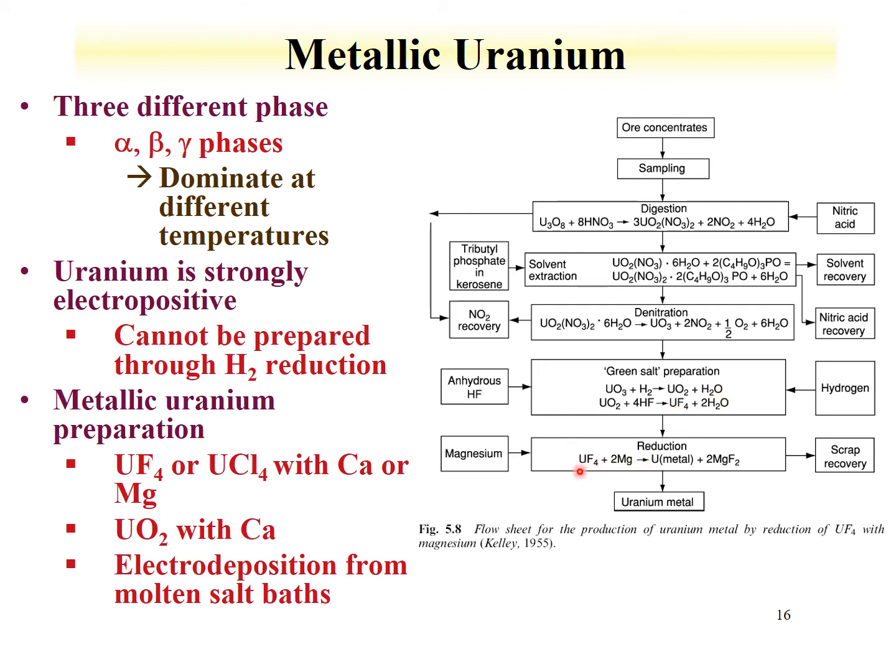We take those fluorides and treat them with magnesium metal, so a divalent metal or even a monovalent metal would be sufficient to reduce uranium from the +4 to the metal state. This preparation can be done with uranium tetrafluoride or tetrachloride with calcium or magnesium. You can also use UO2 with calcium, or you can do electrodeposition from molten salt baths.